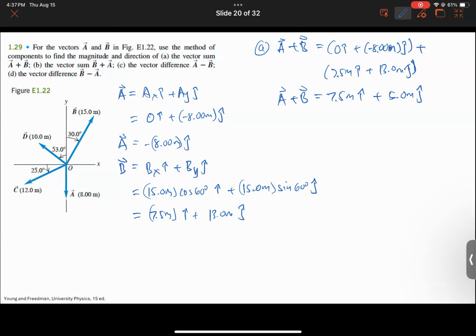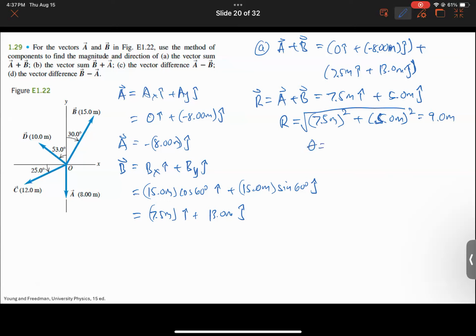So if we assign this as yung resultant vector R natin, so we have R equal to the square root of yung X component which is 7.5 meters squared plus yung Y component which is 5.0 meters squared. This gives us 9.0 meters.